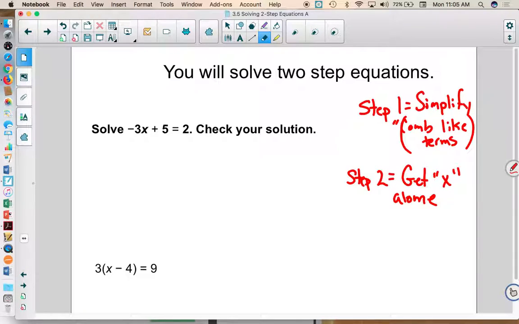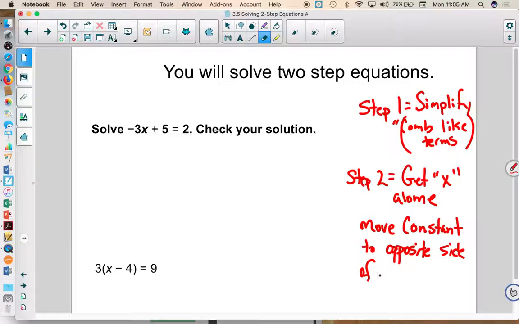I'm going to move the constant to the opposite side of the equation first. It's a two-step. That's the first thing that I've got to be able to do. So I want to get rid of the constant.